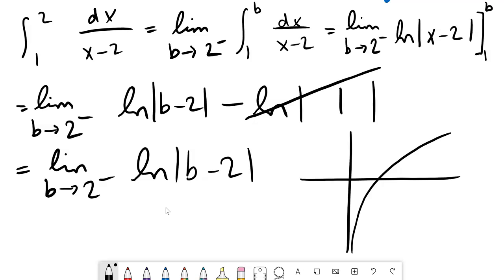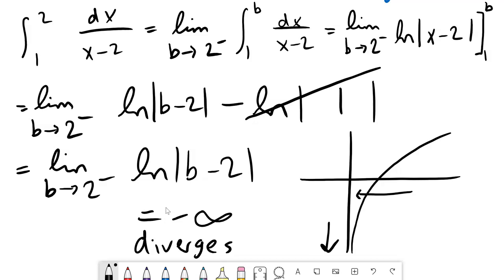Notice that if we approach 0, we go to negative infinity. It's never going to cross that y-axis. So if this approaches 0, that means it should approach negative infinity. In other words, we can say this integral diverges.